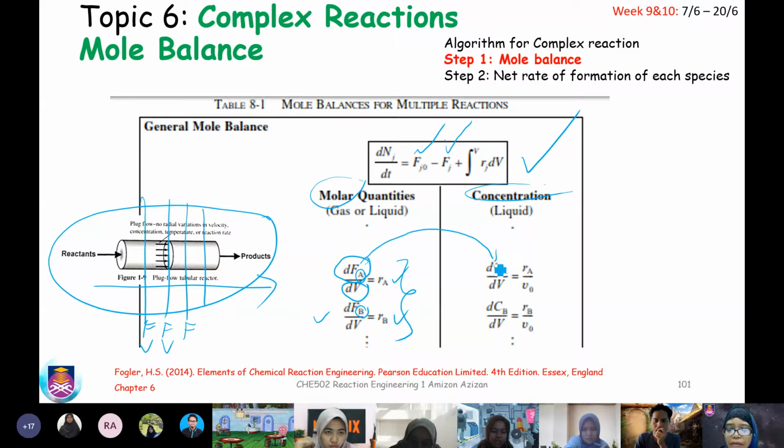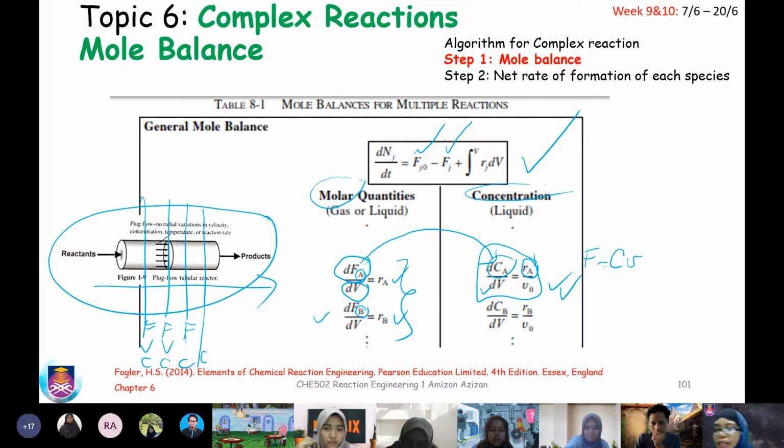Simply re-express the F, which is equivalent to the concentration times the volumetric flow rate. So it ends up with that equation, the expression of the change of concentration over the change of volume, which is equivalent to the rate of formation divided by the initial flow rate.